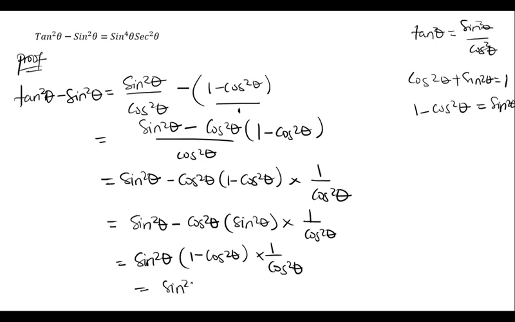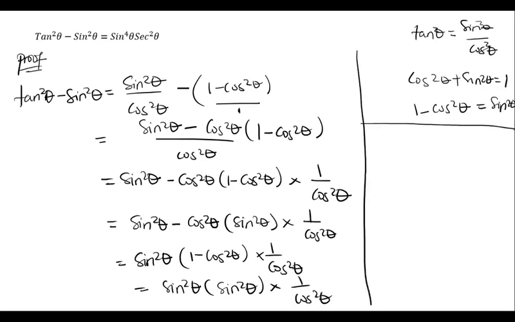So we know sine squared theta we have over here. Now 1 minus cos squared theta is sine squared theta again. So we write here sine squared theta multiplied by 1 over cos squared theta. Now from here we can see that we have sine squared theta multiplied by sine squared theta will give us sine raised to the power 4 theta multiplied by 1 over cos squared theta.